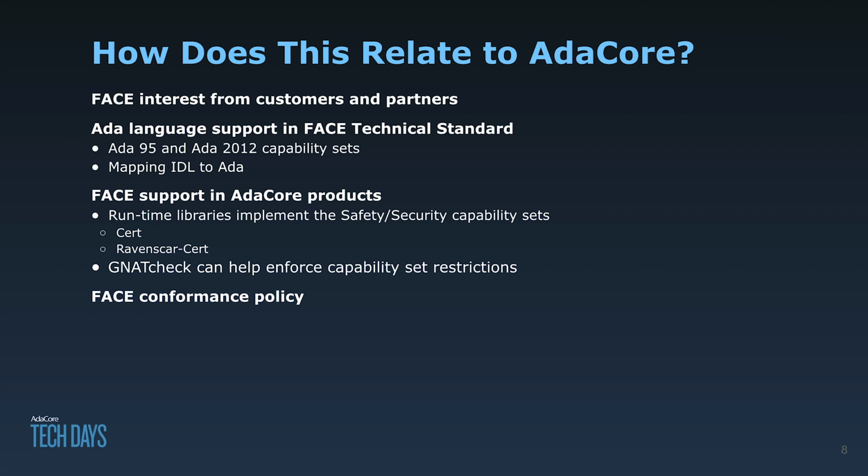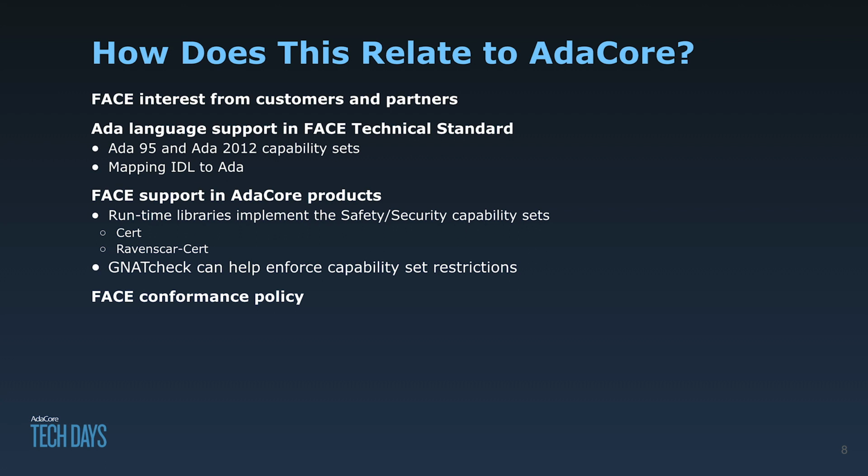What are we doing about it? Well, we have FACE support in our products in various ways. Maybe most directly, we have a couple of runtime libraries that indeed implement the features that are required in the various capability sets, and indeed in those API profiles.